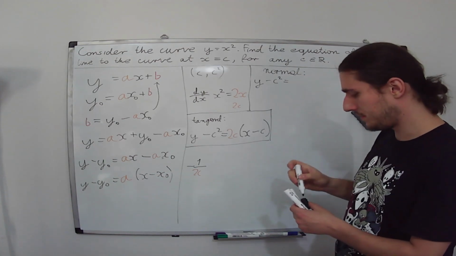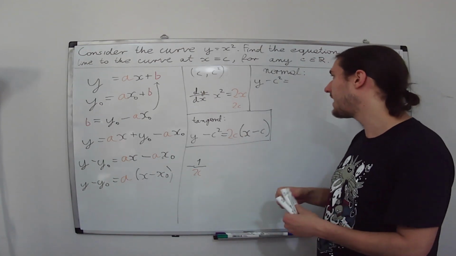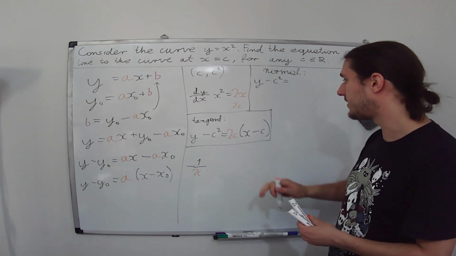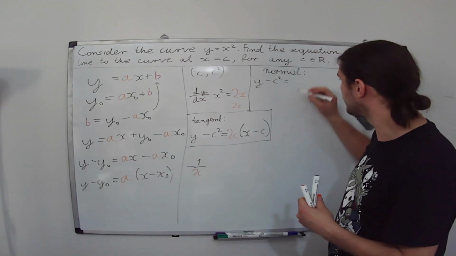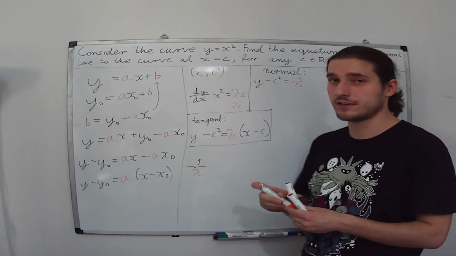And that's equal to our inverse and negative value of the gradient of a tangent, which is minus 1 over 2c. That's the new gradient for our normal.